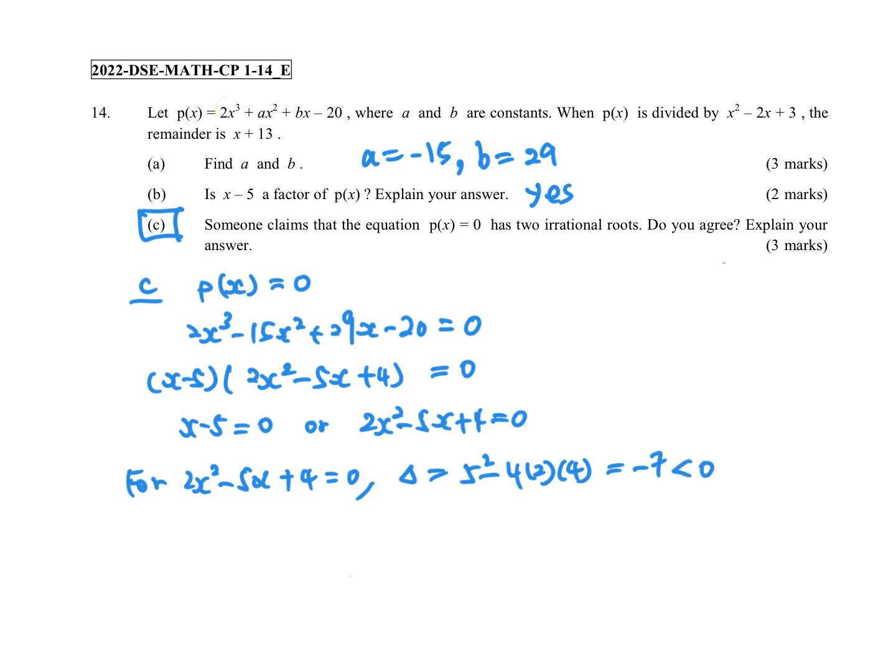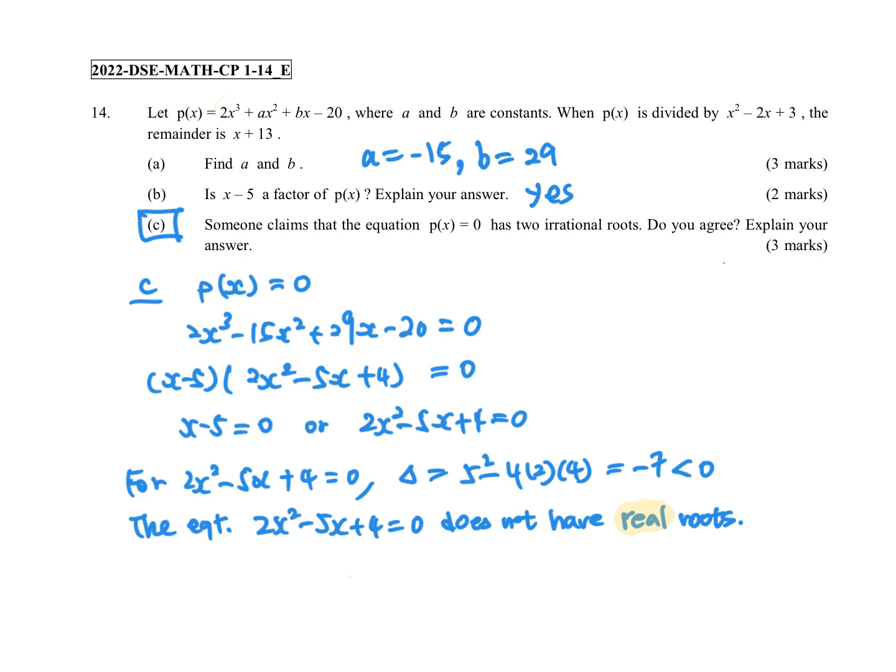So the equation 2x squared minus 5x plus 4 equals 0 does not have any real roots. If it does not have any real roots, that means it does not have any irrational roots. Very important about the real roots: if no real roots, then no irrational roots, so no contribution here.